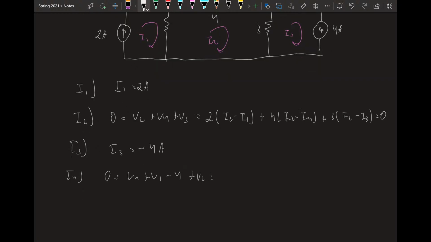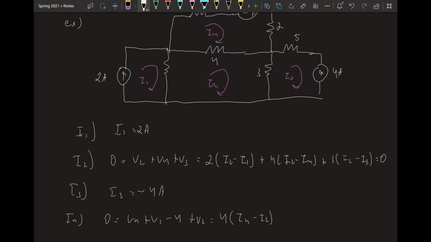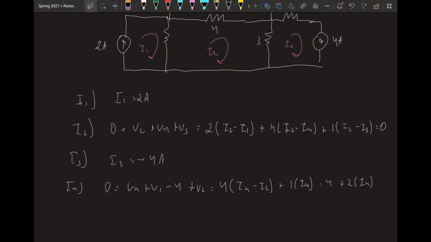And so voltage drop for the 4 ohm resistor, 4 times, I4 is now the positive current in this domain, I4 minus I2, and plus 1 times, it's just I4 up there, minus 4, and then in this 2 ohm resistor, it's just I4 there too. And so now we should have 2 equations with 2 unknowns.